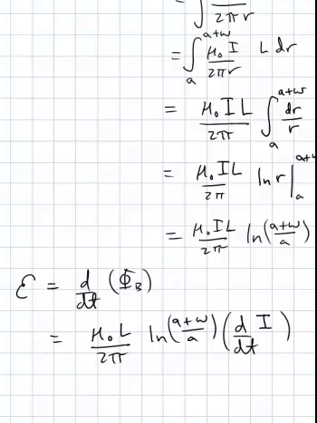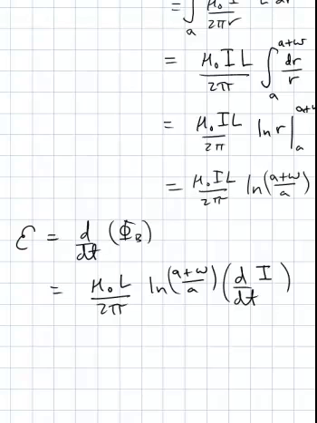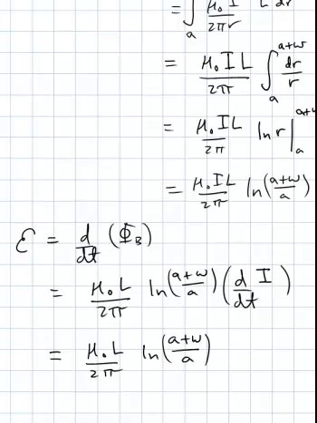Everything else comes out in front of my derivative. And the derivative of I with respect to time is, what is it, 4t, because I is 2t squared plus 8. So we take the derivative, we get 4t.